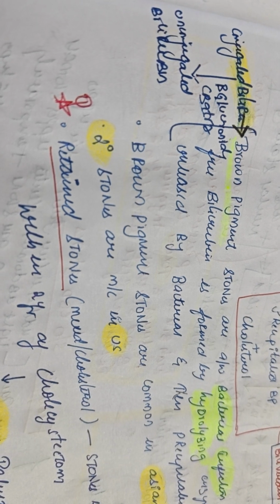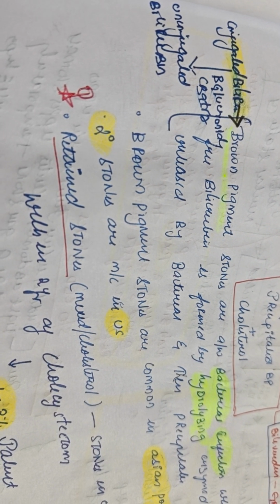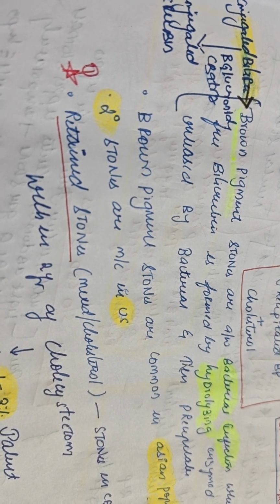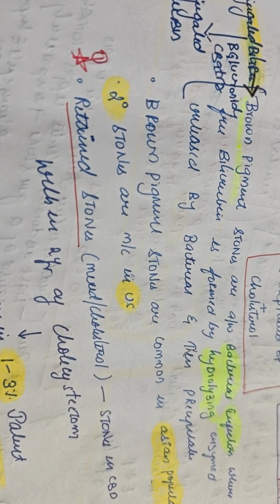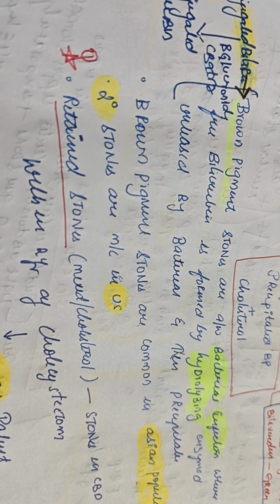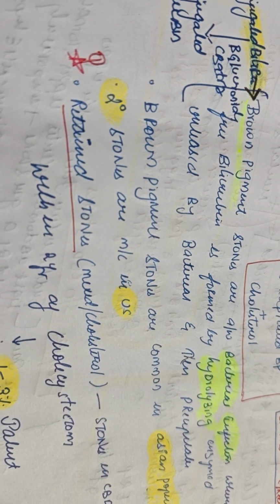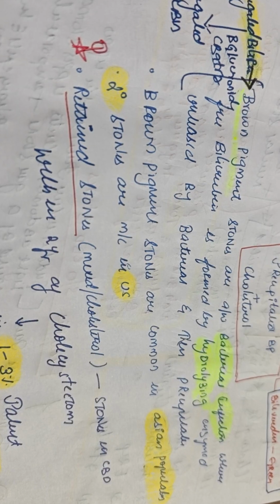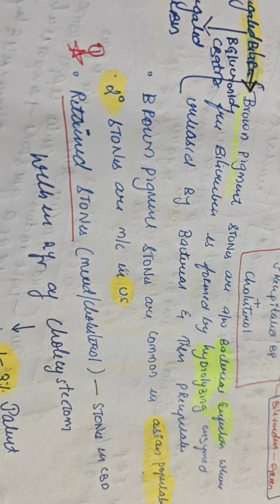This beta glucuronidase converts the conjugated bilirubin to unconjugated bilirubin, and this unconjugated bilirubin precipitates and helps in the formation of stones. Now these brown pigment stones are common in the Asian population. That's all you should understand, the basic points of the primary CBD stones.